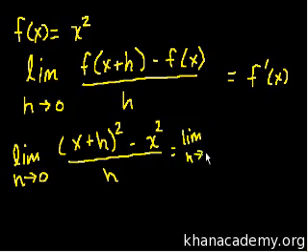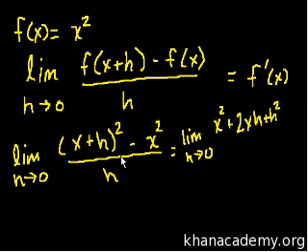And this is equal to the limit as h approaches 0. Let's just multiply this out: x squared plus 2xh plus h squared, minus x squared, all of that over h. Let's simplify this. This x squared cancels out with this minus x squared, right?